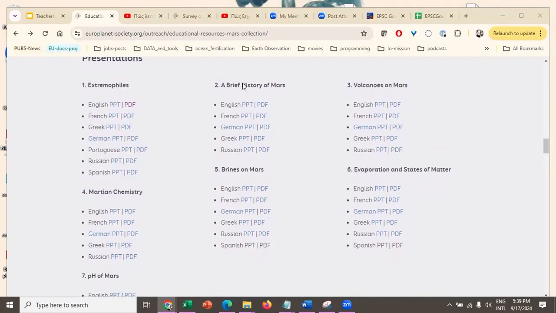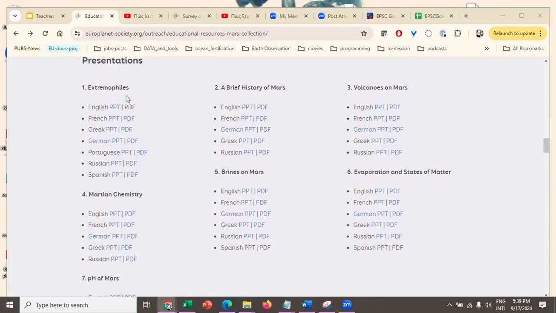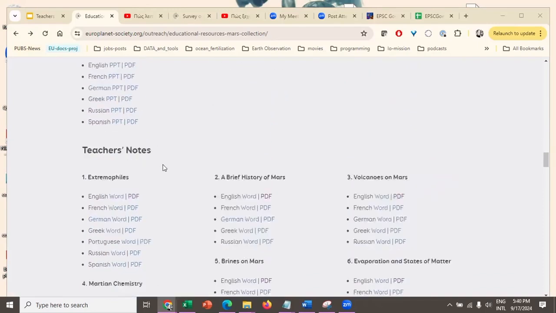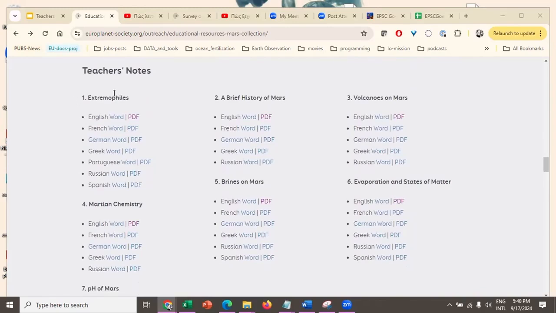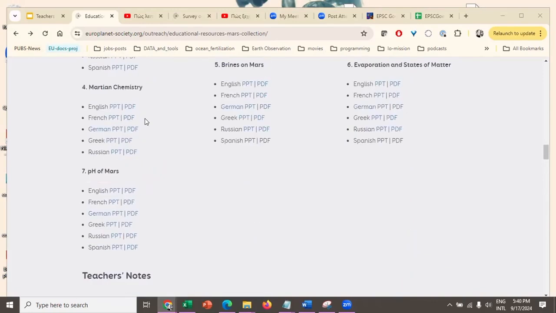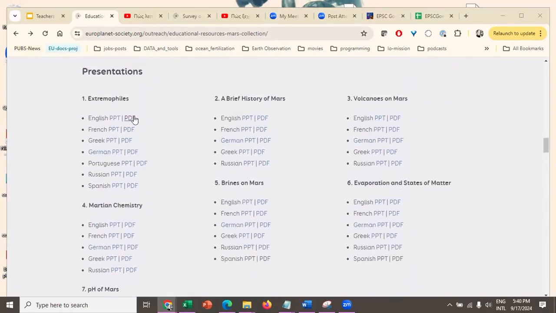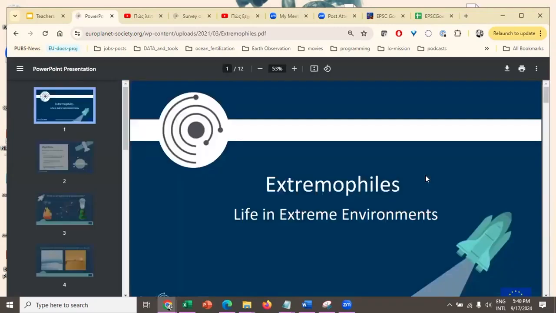We can start looking at some examples. For example, we can look at the extremophiles. And here, what you have is the presentations of the extremophiles. But I did say that this is accompanied by a teacher's guide. So the teacher's notes are exactly underneath in a different menu, and you can follow them with a PDF as well. Let's take a look at the presentations to see how they look.